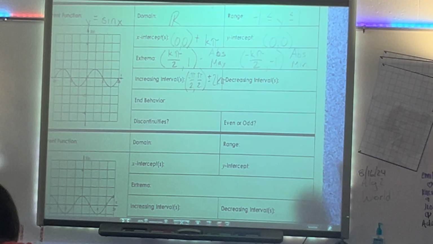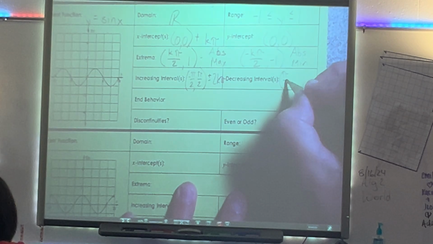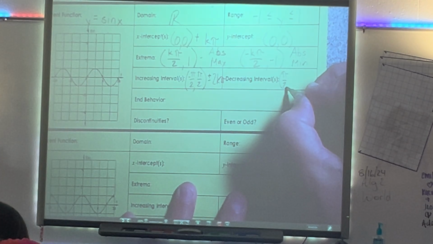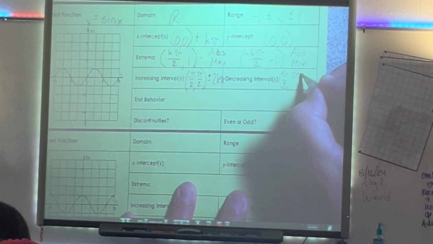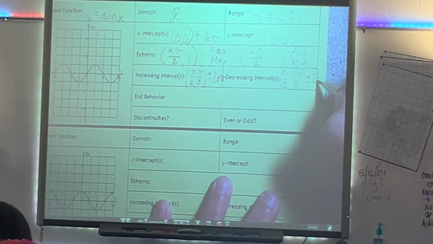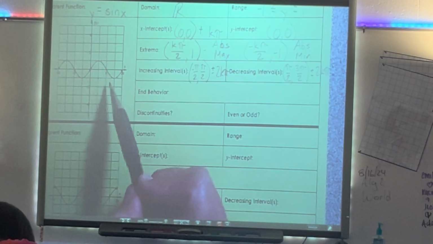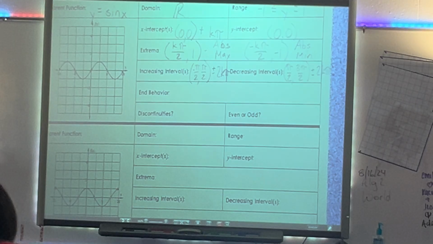The decreasing is at pi over 2, 3 pi over 2, plus or minus 2k pi. And that's because it increases, decreases, increases. I mean, it's what we call a cyclical function.